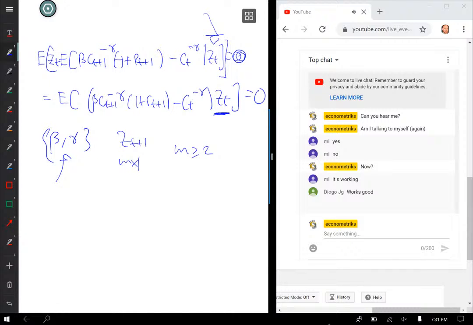Remember, before we took expectations on both sides, we had this restriction equals naught for any value of ZT. So we could multiply it by any function of ZT and it will still be naught. That would mean we can have any arbitrary number of instruments, and that's sometimes used.